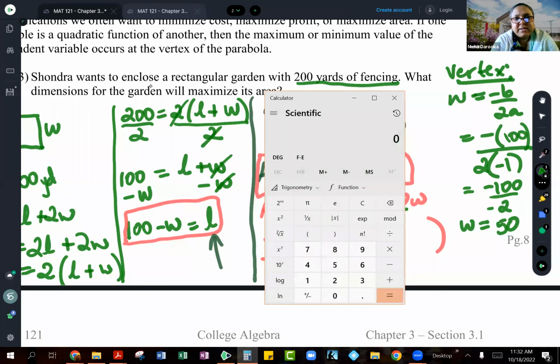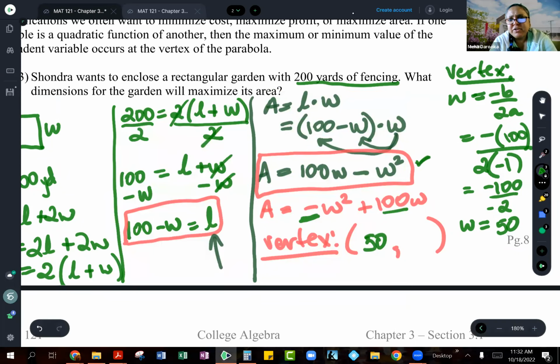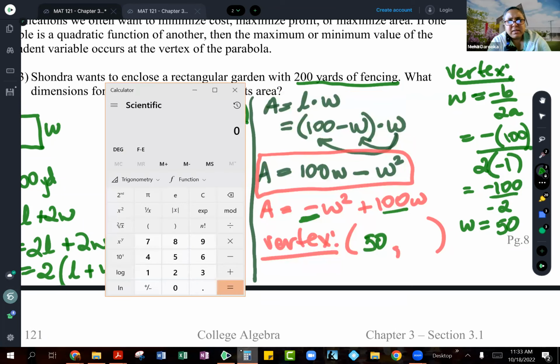So let's open a calculator here. We've got, and I'll put it in this form here just to keep it simple. So we've got, let's see, 100 times 50, so that's the 100 w, which will of course give us 5,000, and then from that we are subtracting w squared, which will of course be 50 squared.